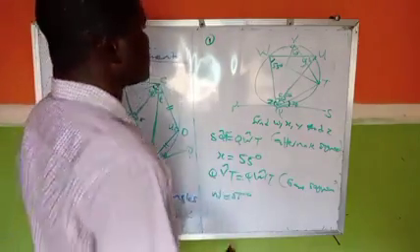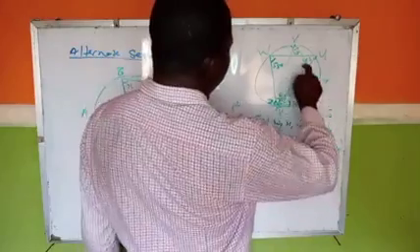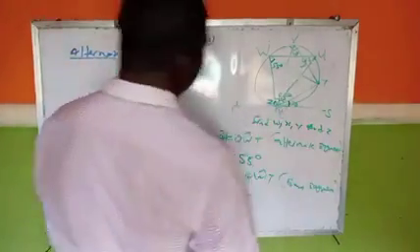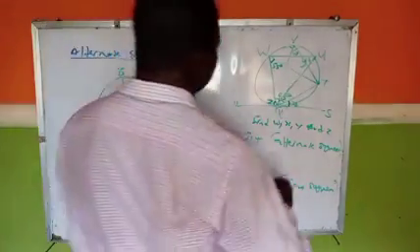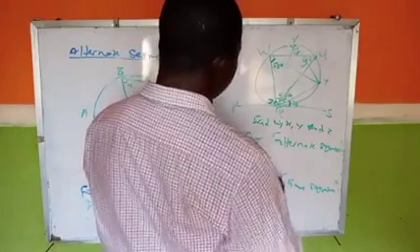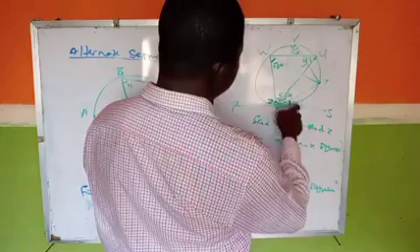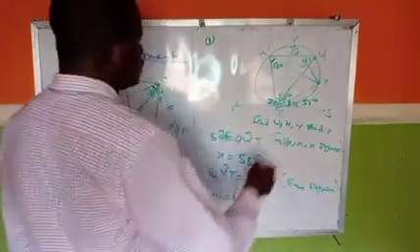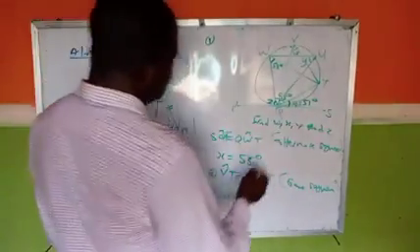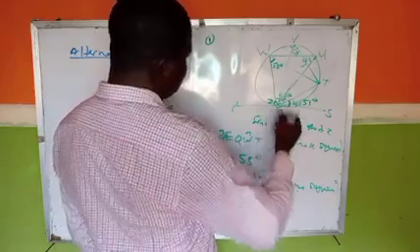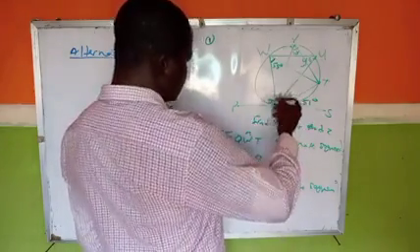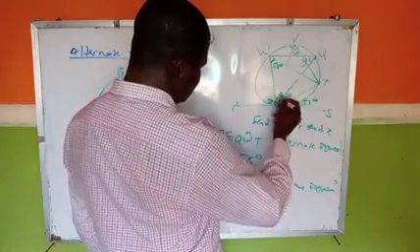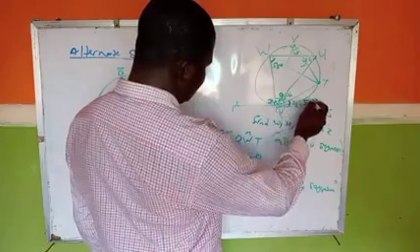Again, look at this angle here. You have to calculate this angle. This angle, you can get it. You got this one as 55 degrees. So S is 55 degrees. Look at this one. Angle on the straight line. From here to here is 95. This is 95, this is 55.